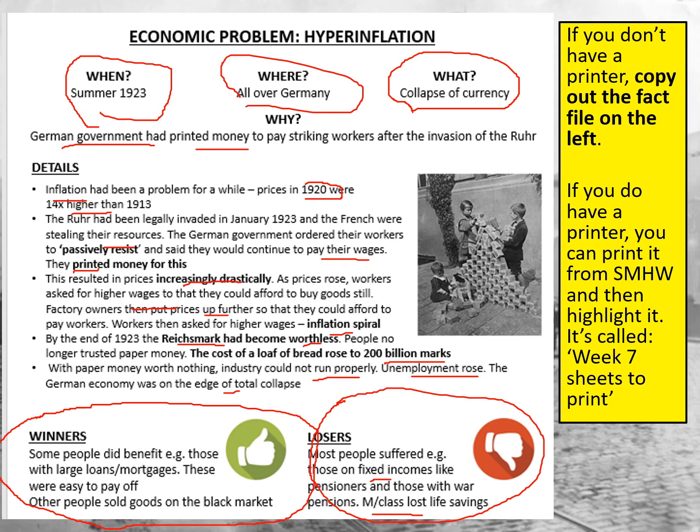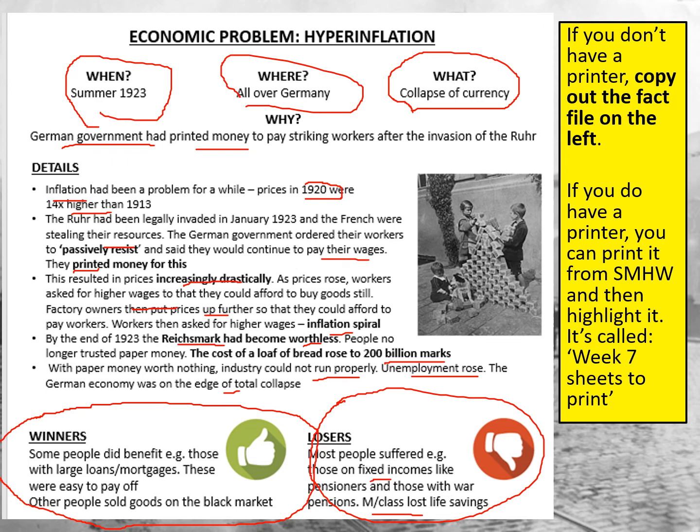And now that money's basically worth nothing. So you could pay off your mortgage for the same cost as a loaf of bread or half a loaf of bread. So for some people, they did benefit, and some people also sold a lot of goods on the black market because people stopped using currency and they traded things more. So some people did win out, but actually the majority of the people really suffered because of hyperinflation.